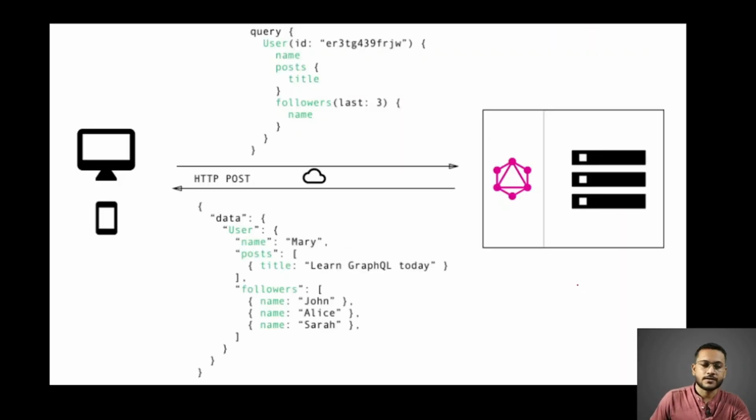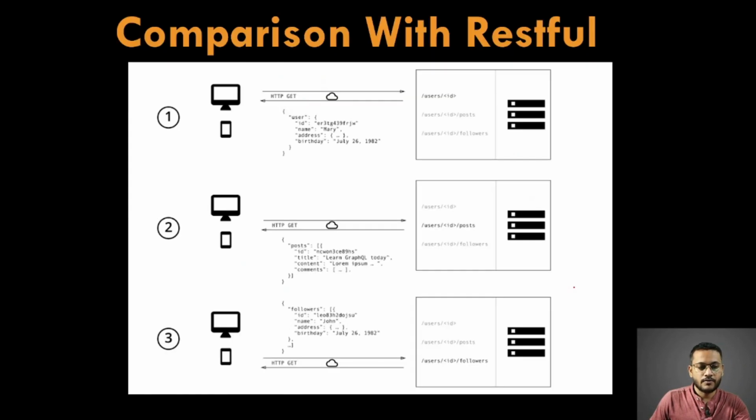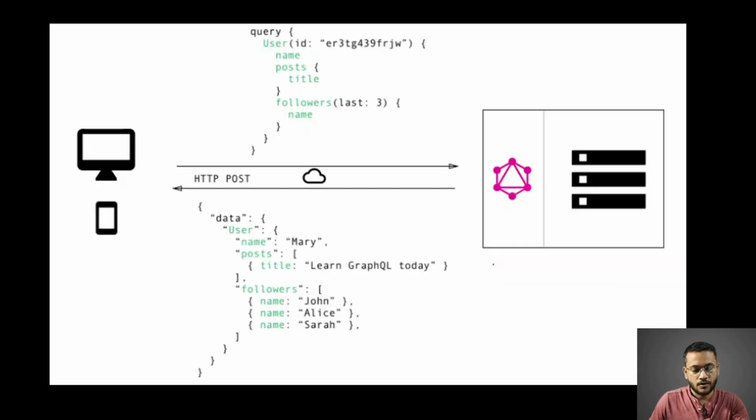Moving to the next slide, first I want to talk about the query. Here we are calling three different methods for getting user, post, and follower. In GraphQL terms, you don't need to do this. GraphQL works with a query and one endpoint.